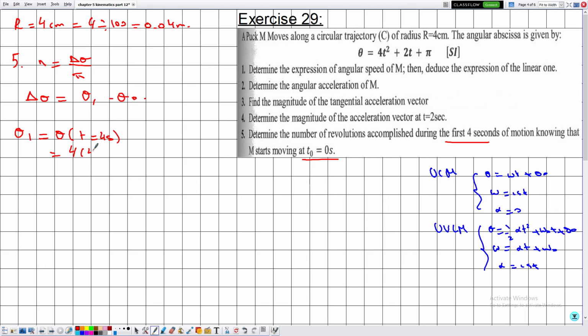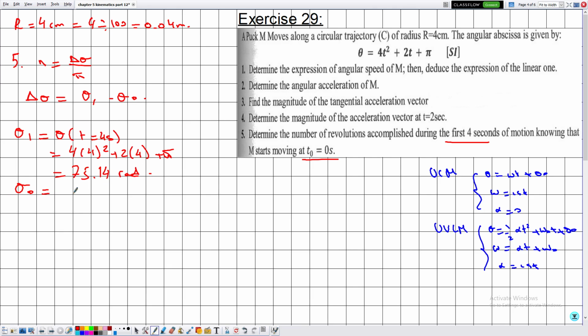So 4 multiplied by 4 to the power 2 plus 2 multiplied by 4 plus pi, this is equal to 75.14 radians.